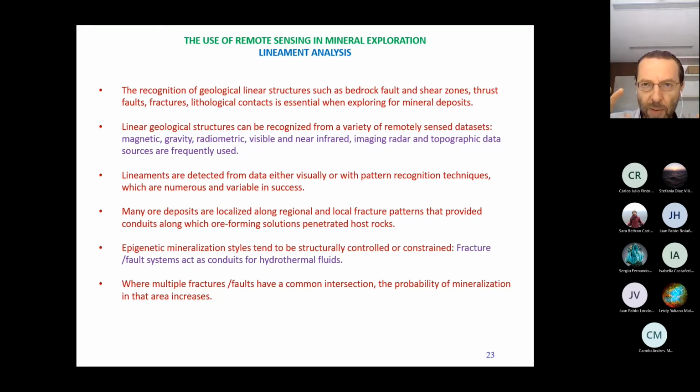Someone has to map all these lineaments and classify them. Some are more important, like major faults, for instance, or contacts. Some are very small. So a classification is made. You can do it manually, and of course it's tedious and takes time, or you can have software to do it. Now, the problem with the software is that it's not always successful.